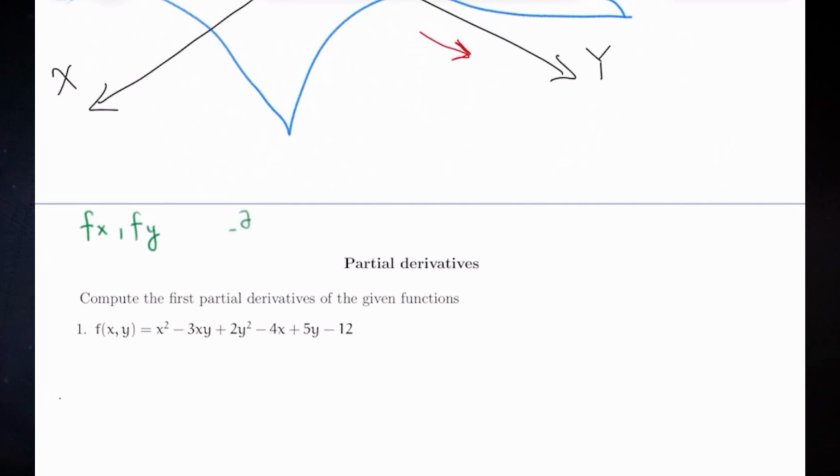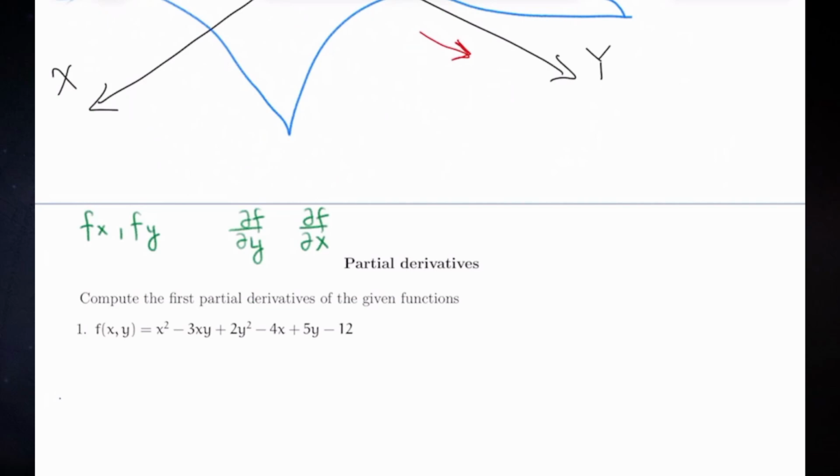So dy, that's the partial with respect to y. And then dx, that's the partial with respect to x. Let me go ahead and put that f there. All right. So that's the most common notation to use.